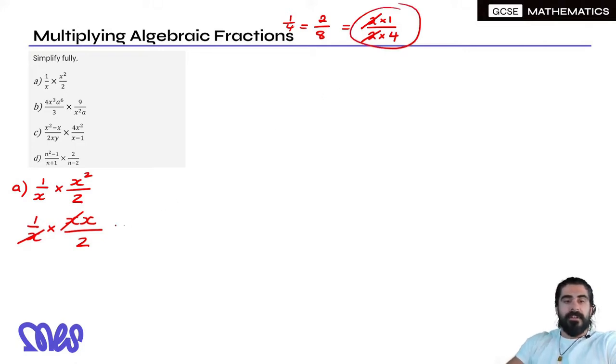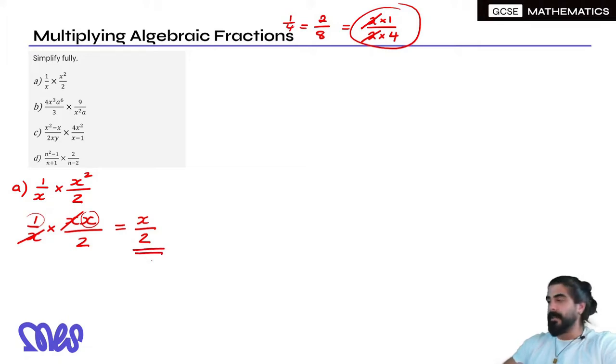So what's left? On the top, we have 1 and we have x. Now they multiply to just give you x. And on the bottom, there's just a 2. So essentially, we don't have to write x squared as x times x anymore. I'll show you how we would do it now.